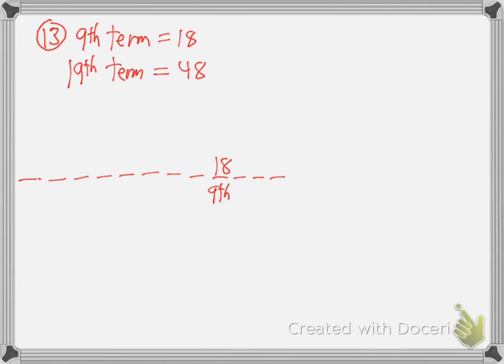The 19th term is 48. They're telling me the 9th term and the 19th term, and just from that, let's start with the D. Could you figure out the difference, the jump?